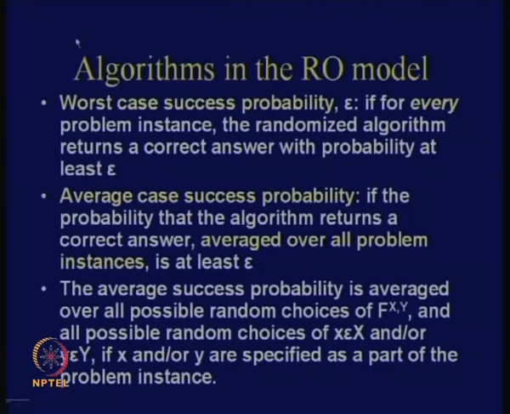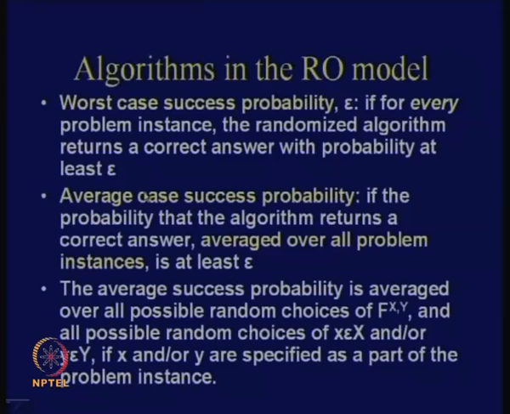Again, you know that we can do worst case analysis and average case analysis. If there is a worst case success probability of, say, epsilon, what it means is that for every problem instance, this randomized algorithm will give you a correct answer with probability at least epsilon. Why is there a probability? Because it can fail sometimes.